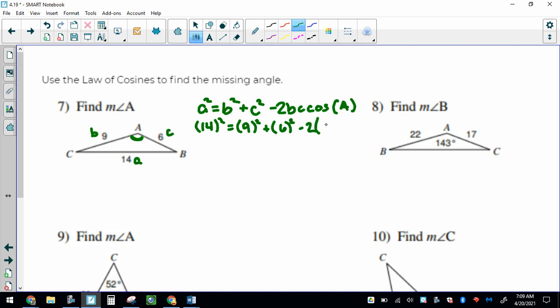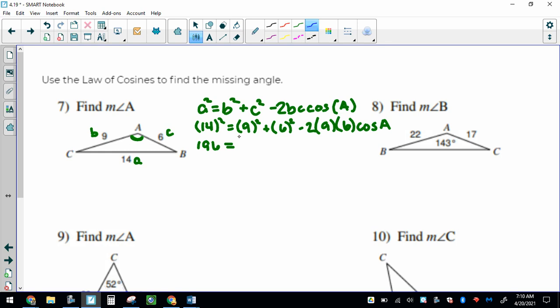Minus 2bc cosine. And in this case, I don't know what the angle is, so I'm just going to leave it as a capital A. So let's do the bits that we can do, all right? We can do 14 squared, which is 196.